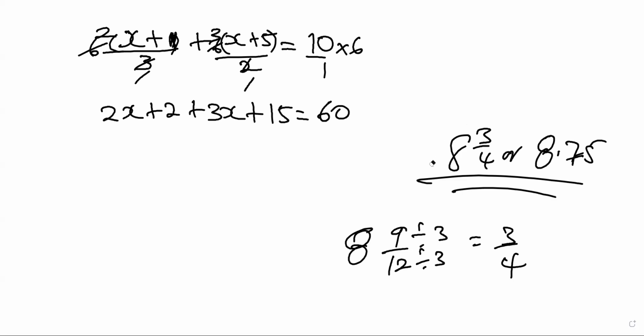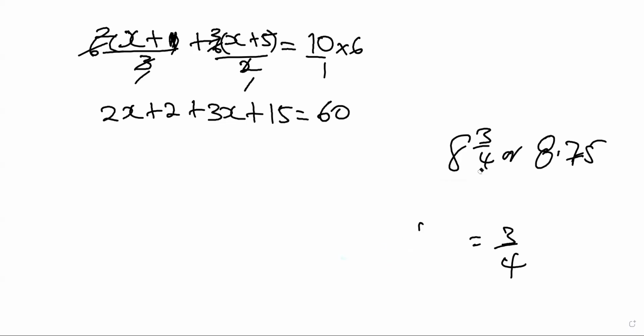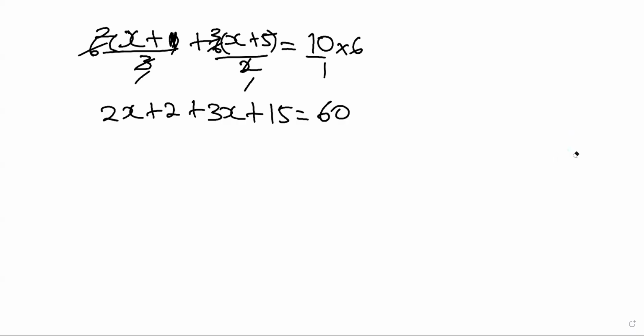So all we did was expand the bracket, right? The first one was a single term, but this one is a bracket. So we have to multiply both terms by the 2 and both terms by the 3. You see that, guys? 2 times x, 2x, 2 times 1, 2. 3 times x, 3x, 3 times 5, 15.